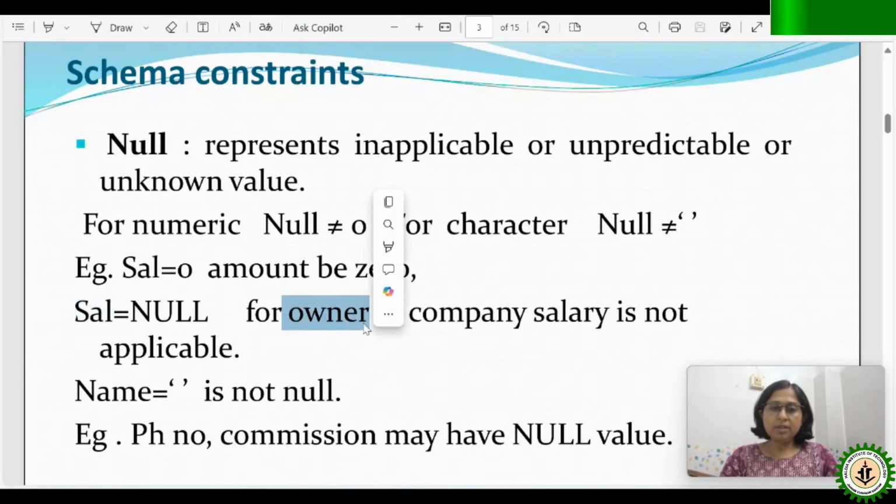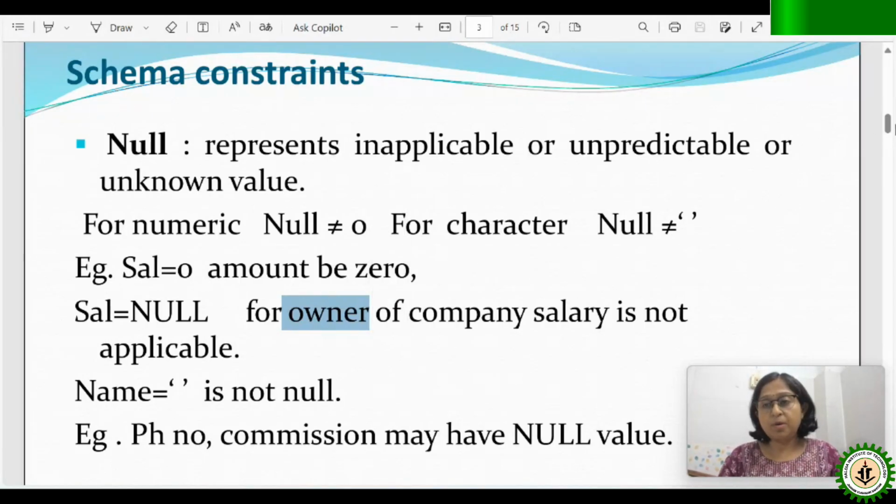We may write null, implying that for the owner, the salary part is not applicable, or at that point of time it is not known. If it is known later, at any point of time we can update the value.